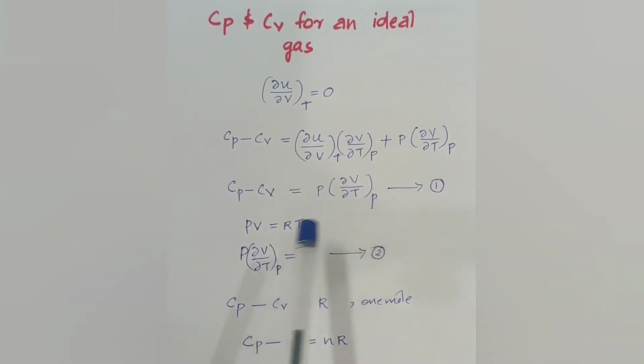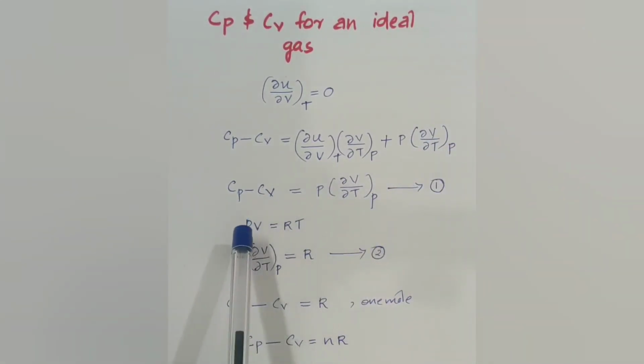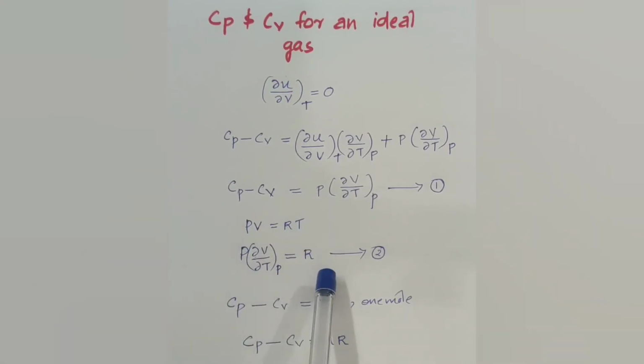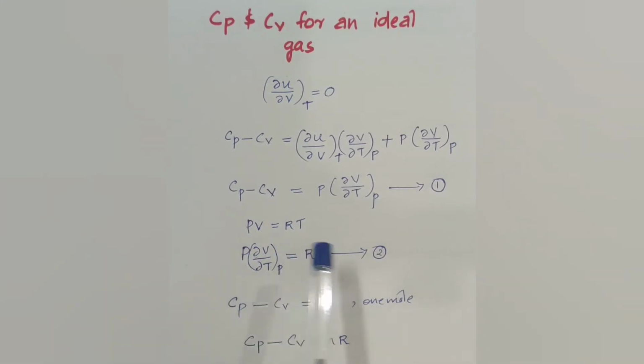Then, taking the ideal gas equation, PV is equal to RT, and differentiating with respect to temperature at constant pressure, we are getting this. Equating both, we are getting Cp minus Cv is equal to R. For 1 mole, Cp minus Cv is equal to R. For n moles, Cp minus Cv is equal to nR.